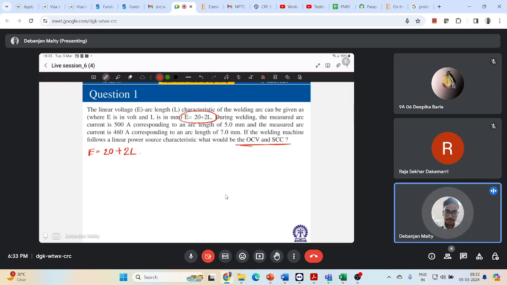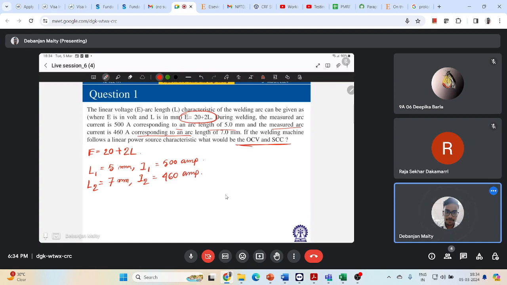During welding the measured arc current is 500 ampere corresponding to an arc length of 5 mm. So let's say L1 is 5 mm and corresponding I1 is 500 amp, and the measured arc current is 460 amp corresponding to an arc length of 7 mm. So L2 is 7 mm, I2 is 460 amp.